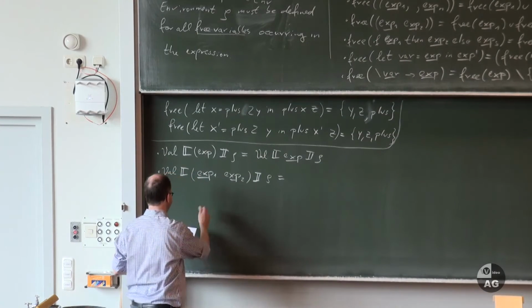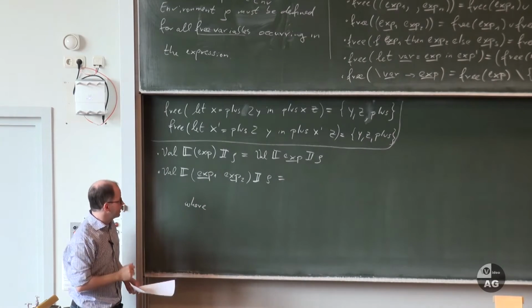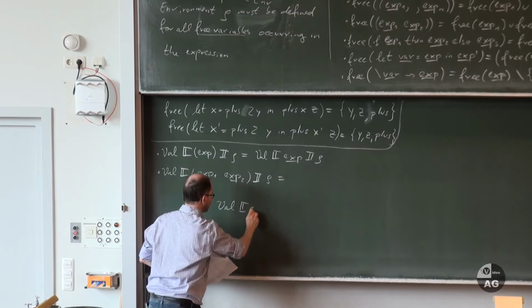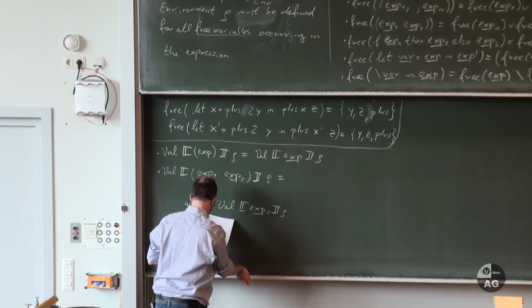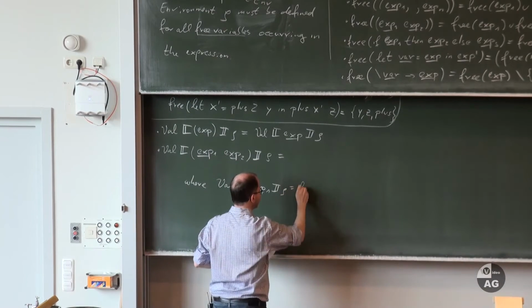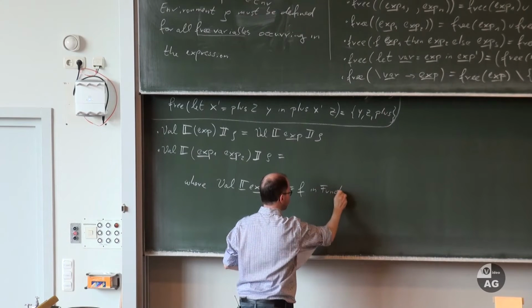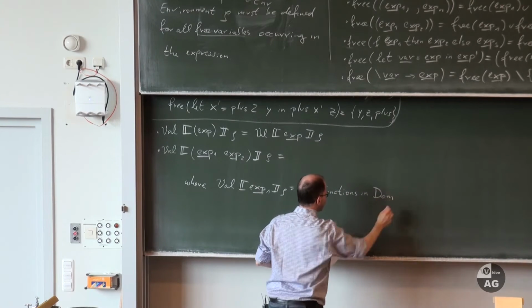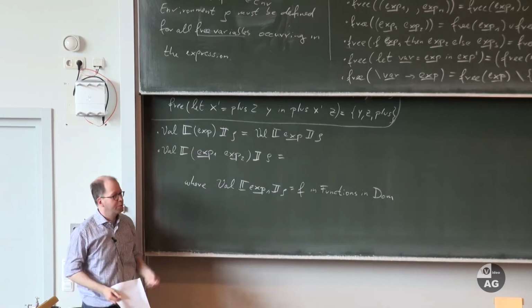So it should be something like this. The semantics of x1 should be some function. So the semantics of x1 in this environment rho should be some function f in functions in DOM. If this is not the case, then something went wrong and this is not a well-typed expression.